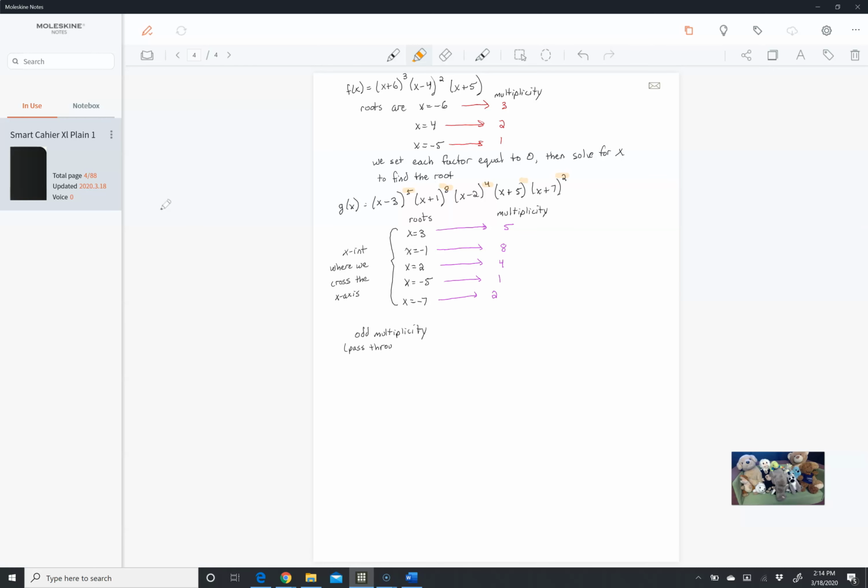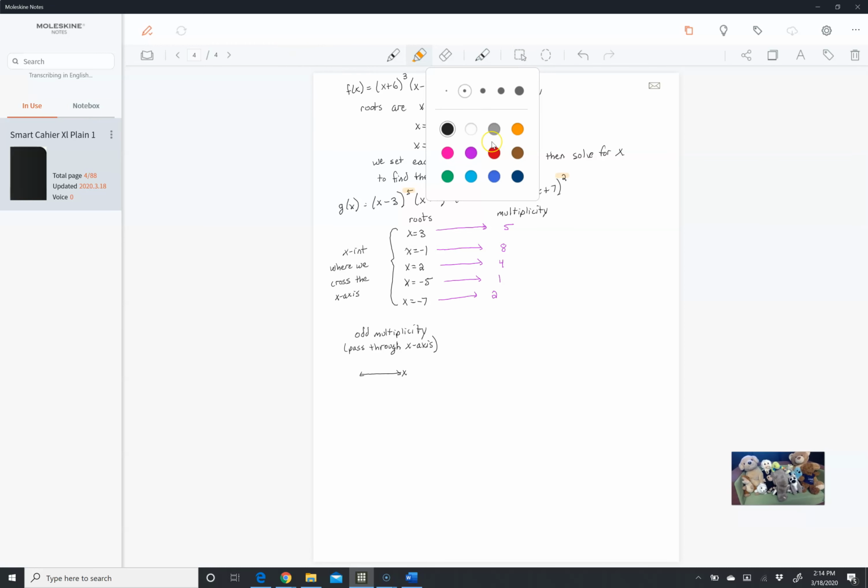And there are two ways that we could pass through the x-axis. Here's your x-axis. You can either pass from positive y value to negative y value, or from negative to positive.